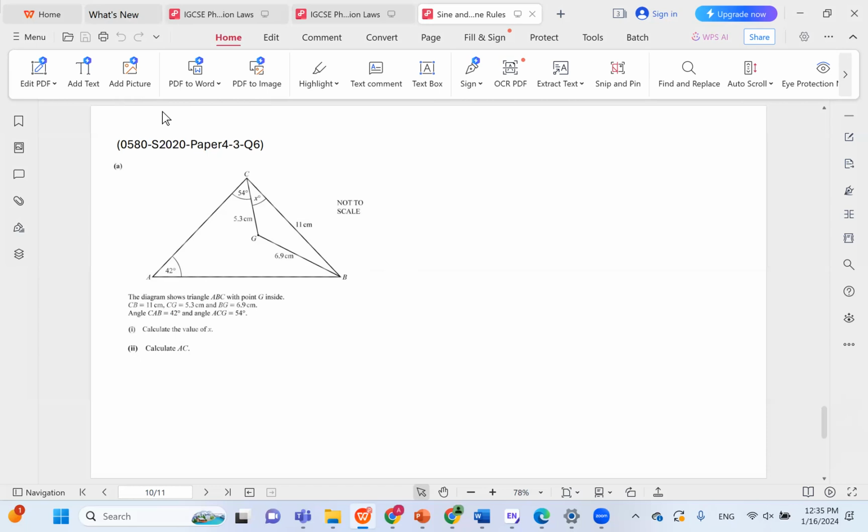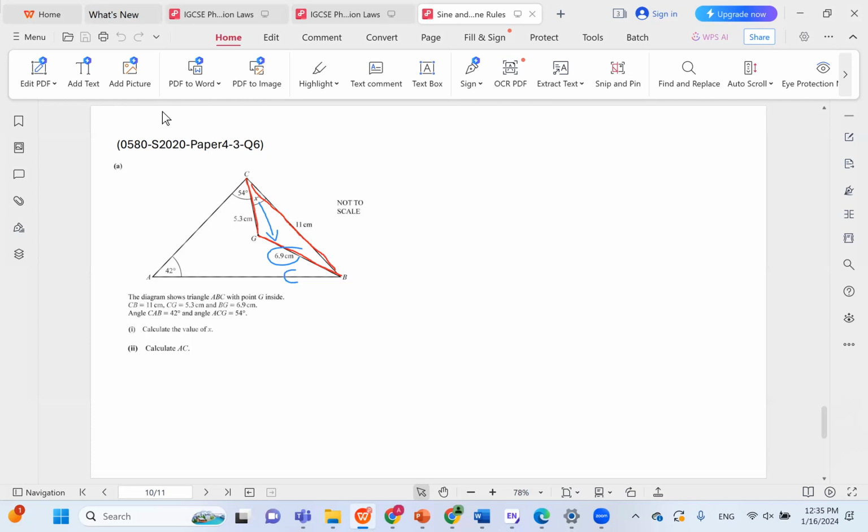So first of all, to calculate the value of X, this is a small triangle here where we have all three sides given. So whenever we have all three sides given, we can still use the cosine rule. It's just a slightly different version of the cosine rule. So the opposite side here is C, the opposite side to the angle I want.